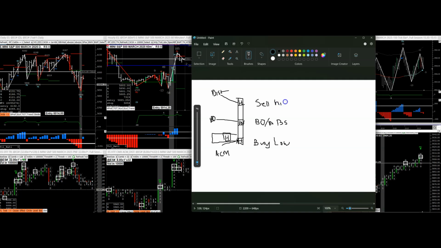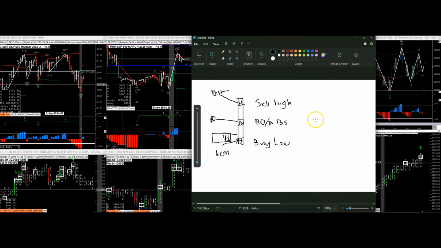Now the mistake that's made is, just because they're selling up here doesn't mean it's going to change trend. You need to have breaks. In an uptrend, you're going to buy low, break, sell high, then it pulls back a little bit. And then they buy low again, break out, sell high, then it pulls back, then they buy low, same thing.